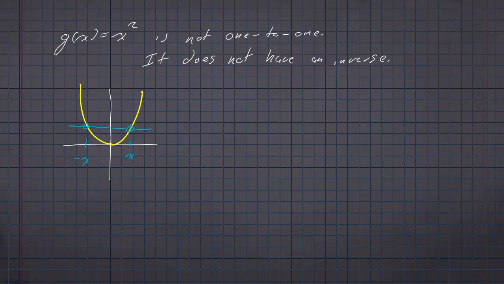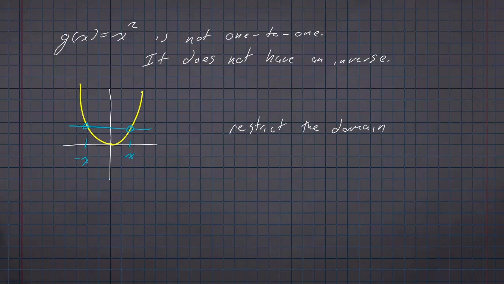So if we have a function that looks something like g of x equals x squared, and we need to be able to have an inverse of the function, sometimes we have to be a little bit creative. My favorite way of being creative is to restrict the domain.